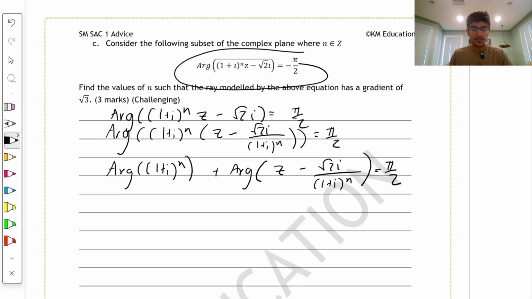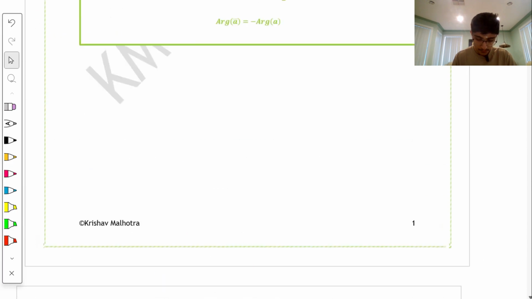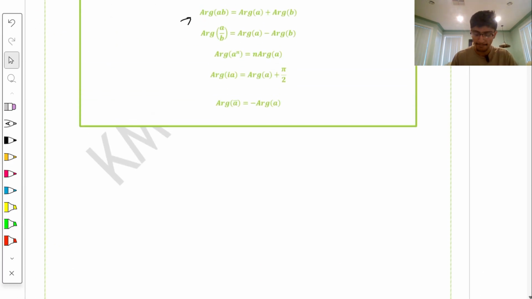Now, looking at arg (1 plus i) to the power of n, I can see that whenever I'm raising a complex number to the power of n, all I'm actually doing is multiplying the argument by n, right? So this is just equal to n times arg of 1 plus i, which is just pi on 4. So I have n times pi on 4, using rule number 3 up here.